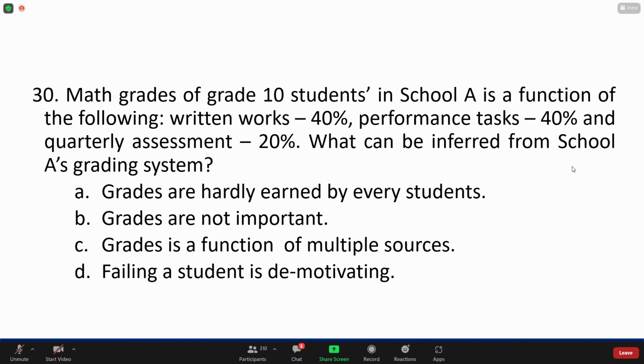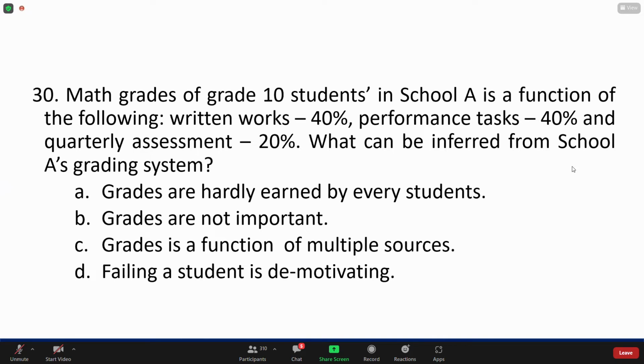Last number, number 30. Math grades of grade 10 students in school A is a function of the following: written works, 40%, performance task, 40%, and quarterly assessment, 20%.